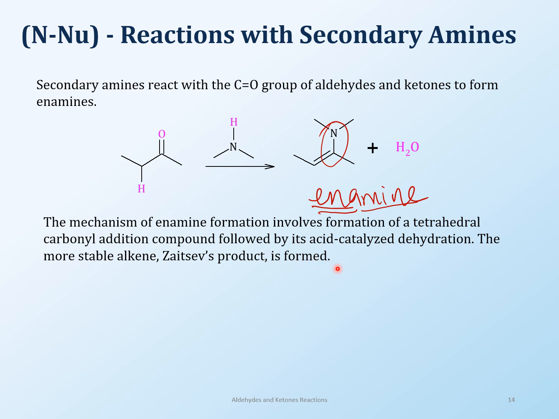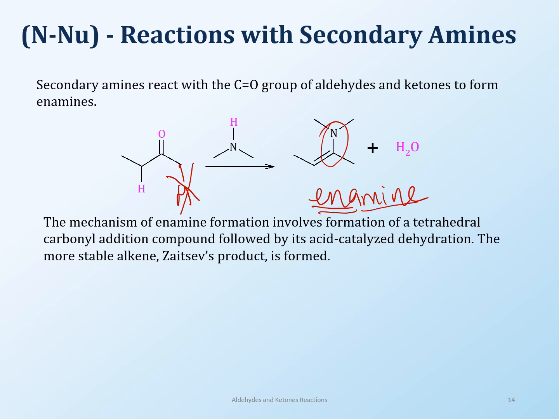A couple things to note here. First of all, this is a secondary amine that you need, and the other thing is that you will always form a Zaitsev product. So I took this compound to show you that if you have two hydrogens available, there was a hydrogen available here also, but this will not go, because that will give us the Hofmann product.